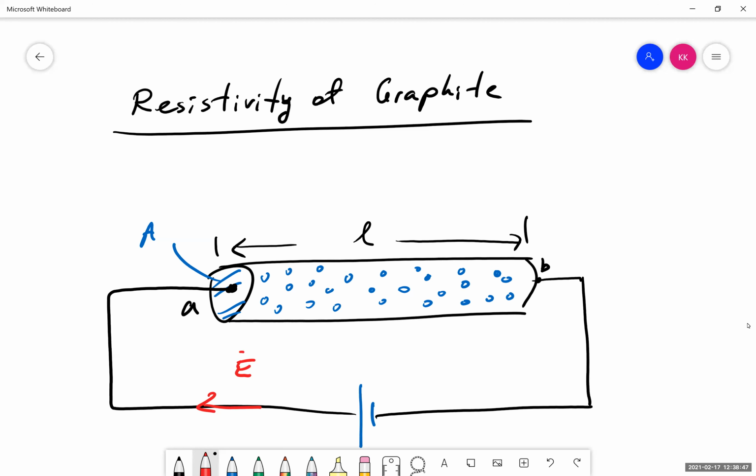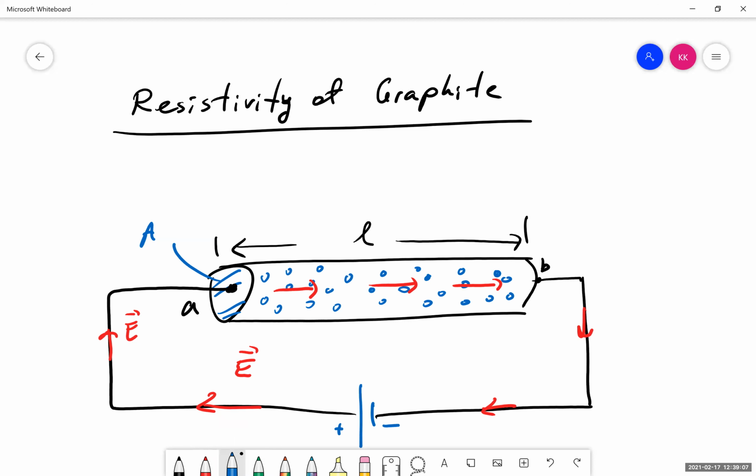So there's an electric field in the circuit, which starts from the positive terminal and goes back to the negative terminal. So then let's assume that there's also this electric field within my conductor, all the way back to the negative terminal.